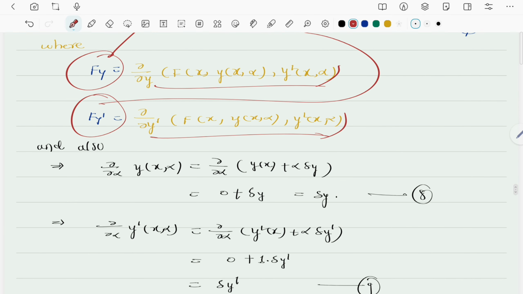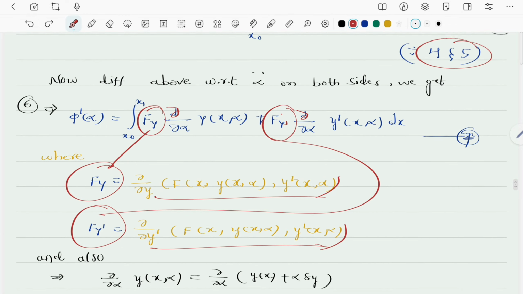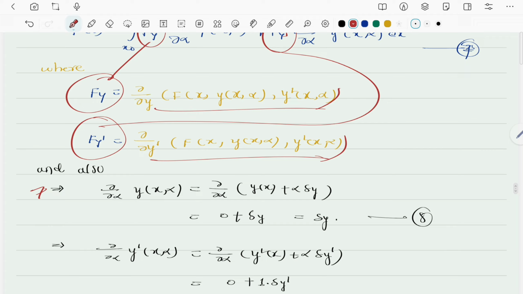And also the partial derivative with respect to alpha of y of x comma alpha, from equation 7. Since from equation 7, y of x comma alpha is equal to y of x plus alpha into delta y.